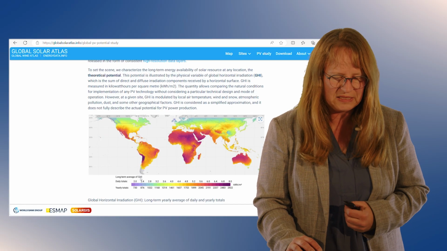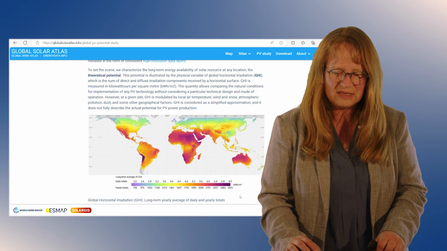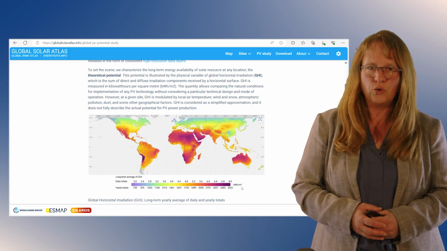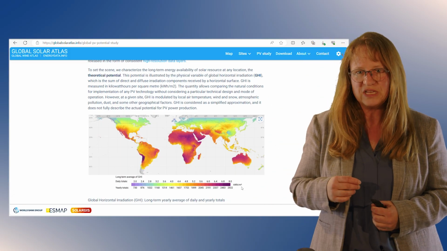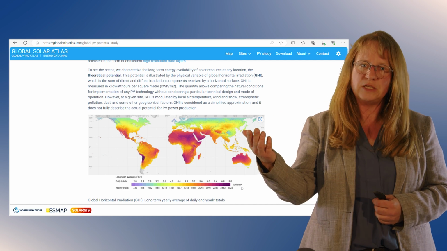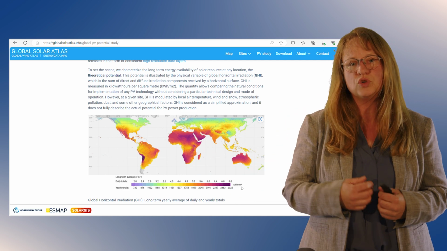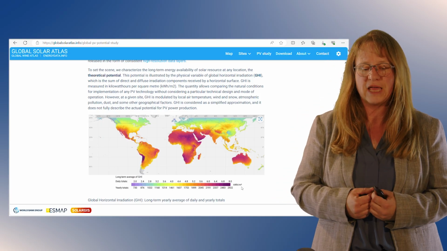and also we see the yearly totals, that is this lower row, and the unit is kilowatt hours per square meter. So the irradiance that we just had in watt per square meter needs to be multiplied by the duration that we have this irradiance in order to get the total energy that we can obtain at different locations.